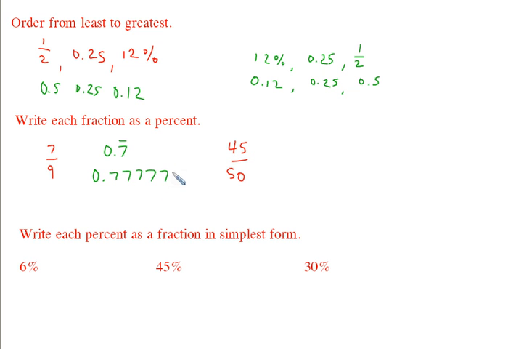And eventually on your calculator, strangely enough, when it runs out of spaces, the last one will be an 8 because it's rounding up. There's another 7 past the screen, so it rounds the last one up to an 8. So that's a little bit confusing when you use a calculator. But it is a repeating decimal. Remember that.